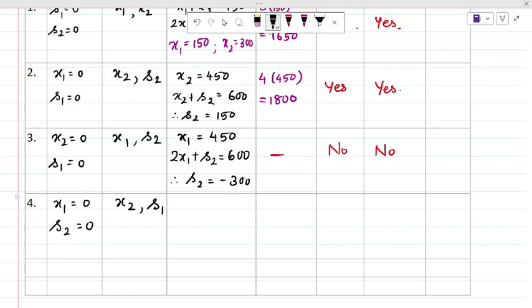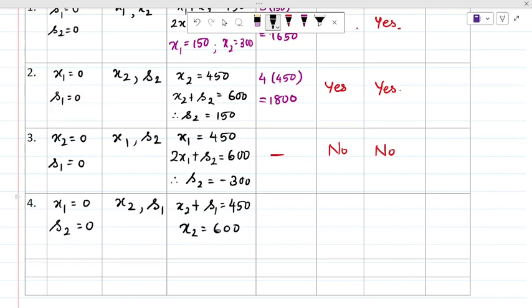The equation becomes x2 plus s1 equals 450, and when s2 is 0, x2 equals 600.